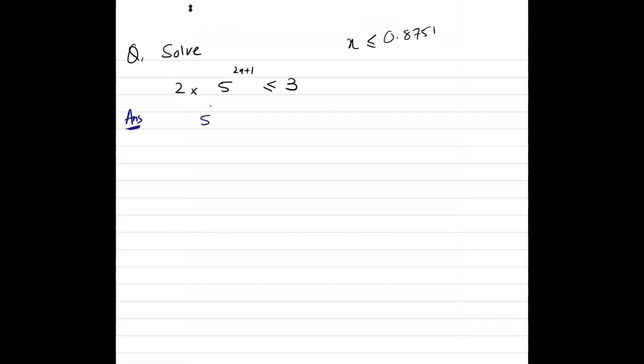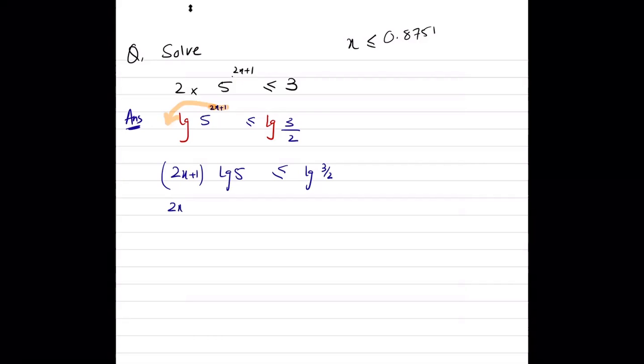The first step that I think will be this 3 upon 2. Then I can take log on both sides. The power is going to be shifted as a product over here. This will make it 2x plus 1 times LG5 less than or equal to LG 3 upon 2. 2x multiplied by LG5 plus LG5 less than or equal to LG 3 upon 2.